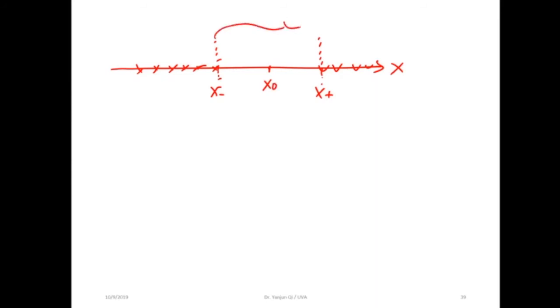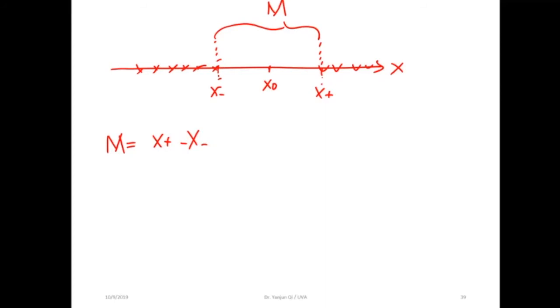And the margin is really the wideness of that region. So what is M here? How do I know the wideness of M? Assuming I know X left, X right, and X0, what is the size of M? So very easy. M equals X plus minus X minus.